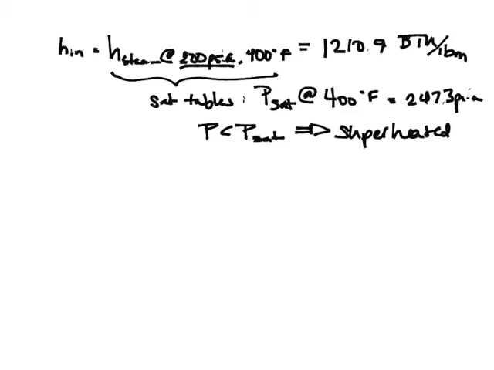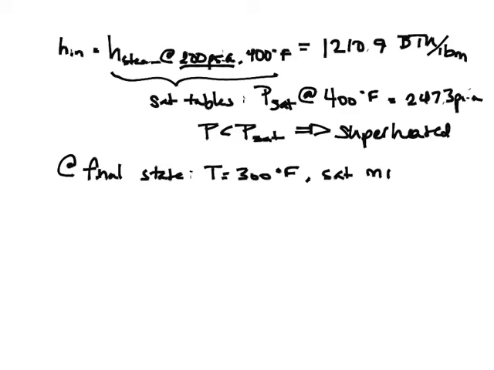So I know, let's go ahead and find, okay, so at my final state, what I realize as I'm going through these tables is that at my final state, T equals 300 Fahrenheit, and I realize I have a saturated mix. So I'm going to use that as I go through to find the rest of my properties that I'm looking for.